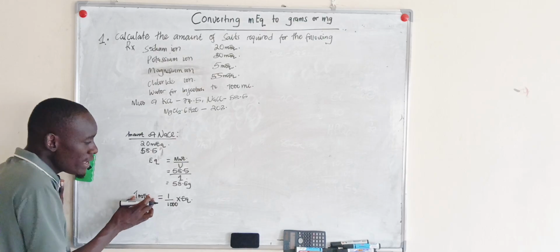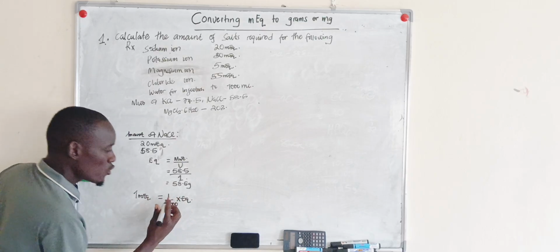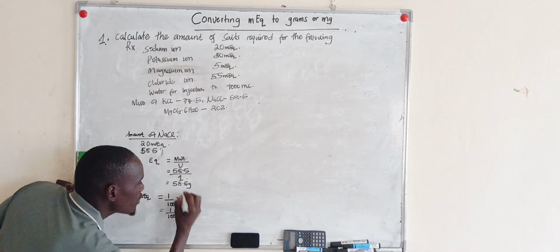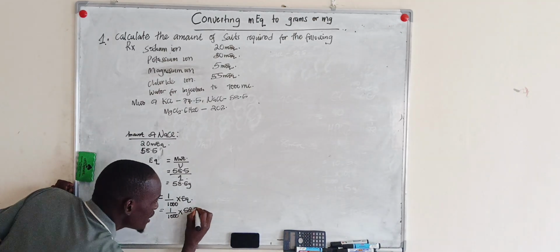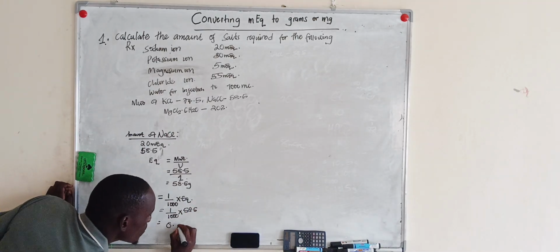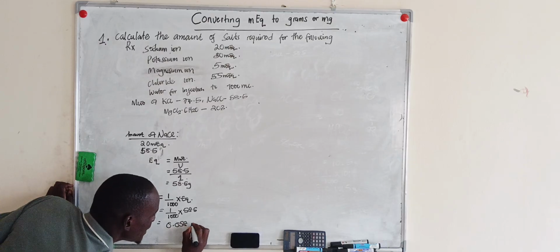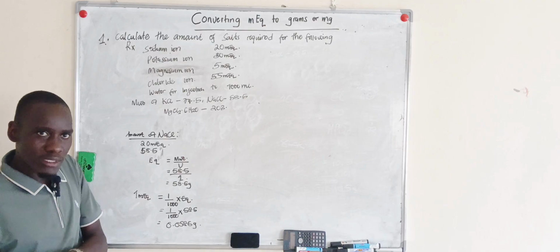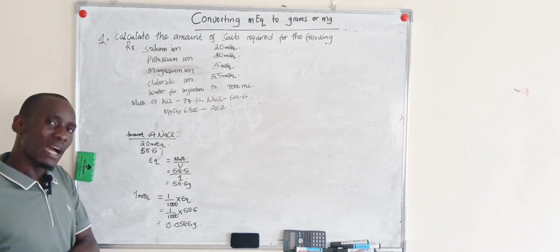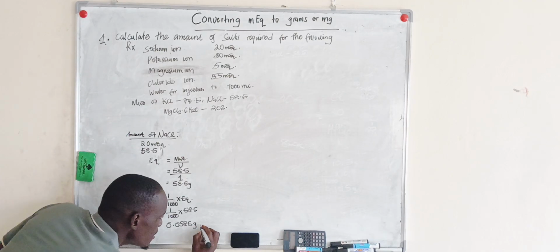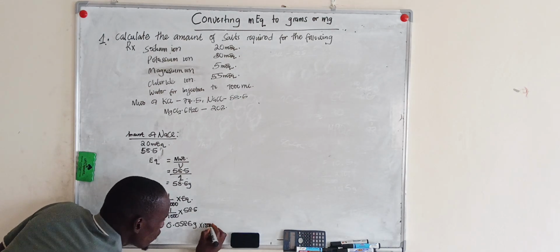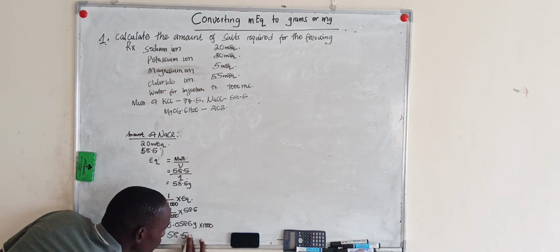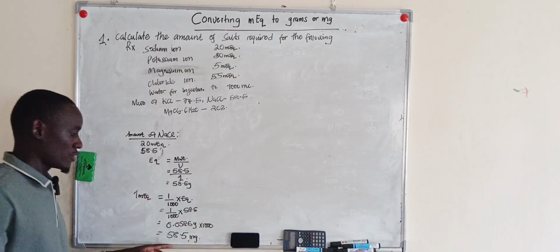So 1 milliequivalent of sodium chloride will be equal to 1 out of 1,000 times the equivalent weight, which is 58.5. So this will give us 0.0585 grams. But remember, we said it should be in milligrams. And 1 gram is equal to 1,000 milligrams. So we shall simply multiply this by 1,000 so that we can have 58.5 milligrams of sodium chloride.